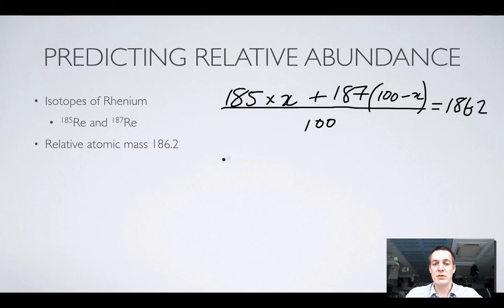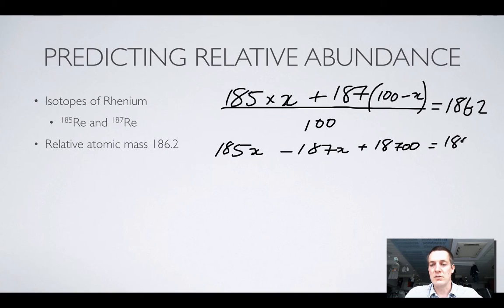So I'm going to take this 100 over there, and I'm going to find that 185X minus 187X plus 18,700 is equal to 100 times that, which is 18,620. Okay, now I'm going to say, well, that's just minus 2X, and I'm going to take this over to this side and subtract it from there, and that equals, just done this before, so that's minus 80, and therefore X is 40.